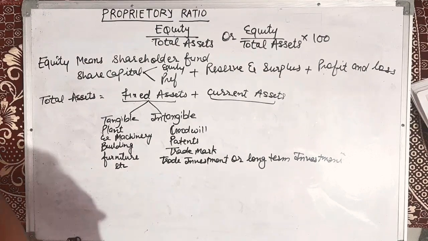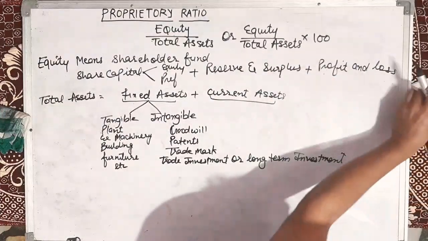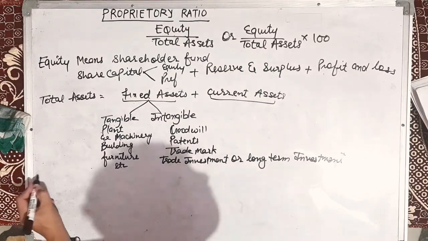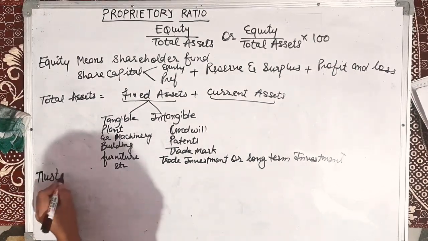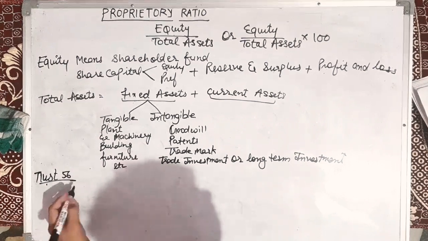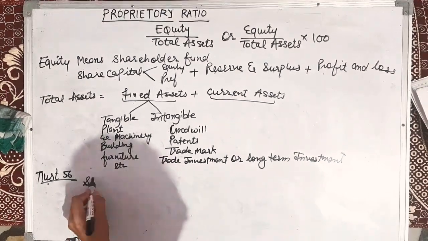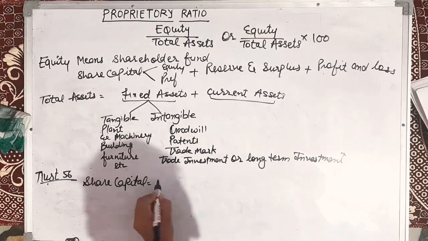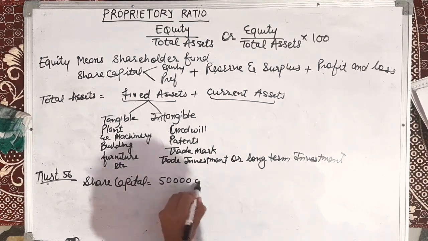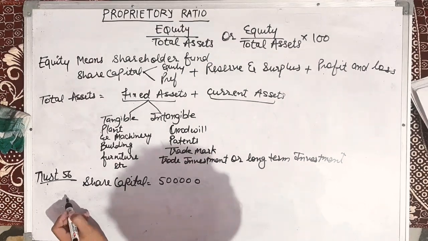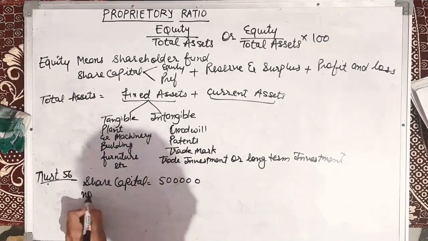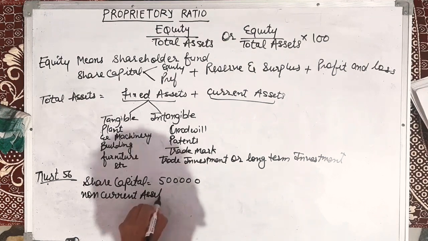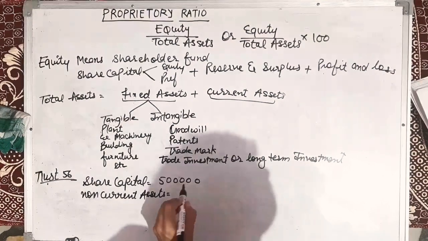Okay, now we will start an example. Example number 56. Share capital is equal to 5 lakh. Non-current assets is equal to 20 lakh.